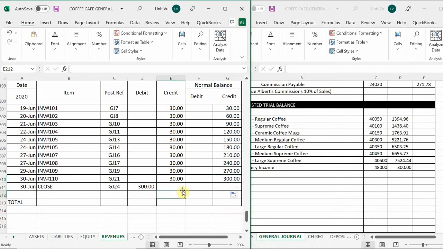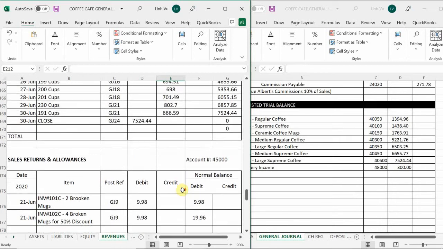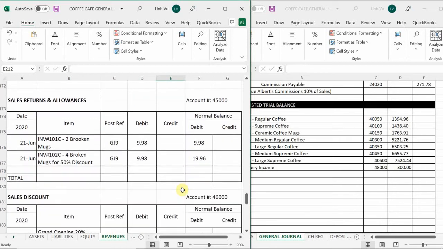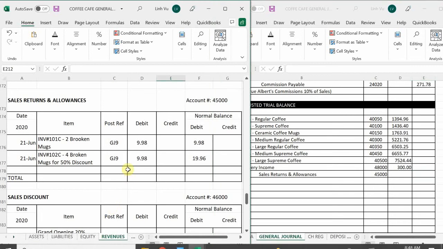Okay. And then let's go ahead and plug in those last two accounts here, which is the sales returns and allowances at $45,000. Right, it's a credit. And we're going to credit the account for 1996.